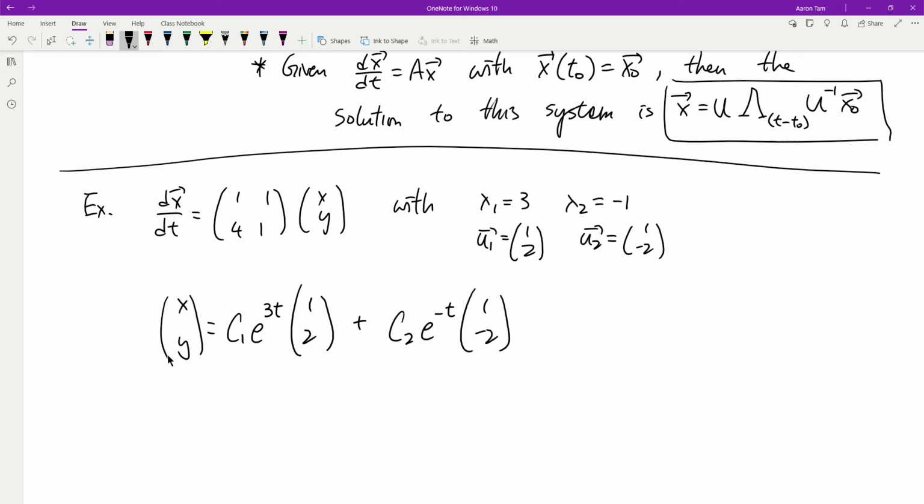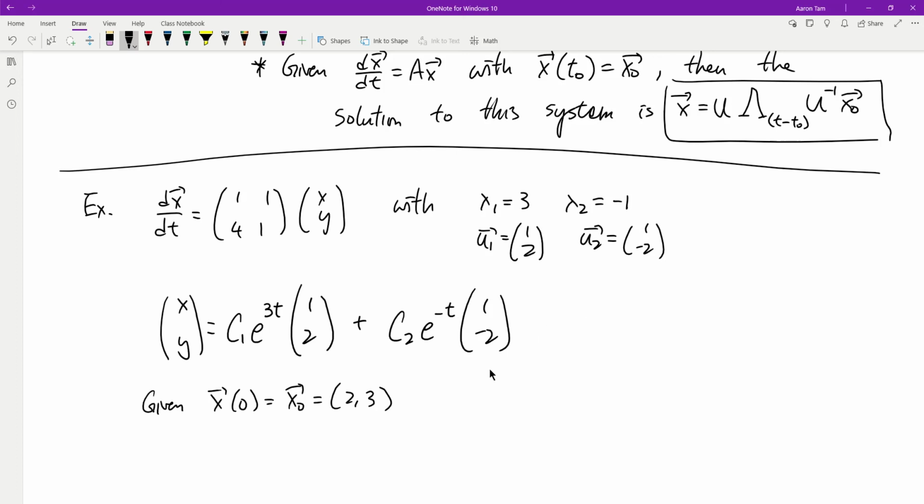What I want to do is first show you what happens if I want to find C1 and C2. Let's say we're given the following condition: vector x at 0 is equal to the vector 2, 3. So I can now try to solve for this.